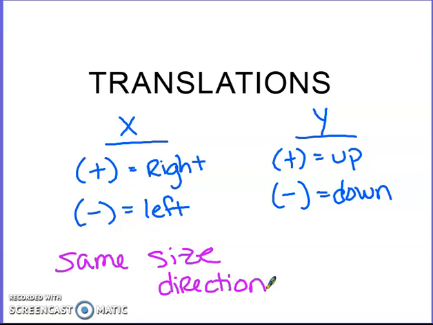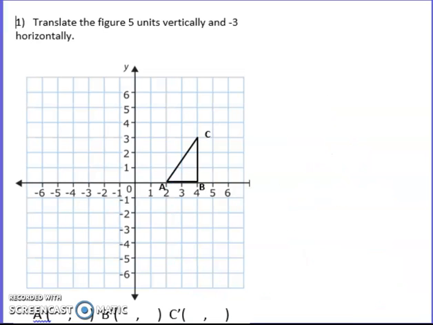So if I have a triangle, and my right angle is in the bottom left corner, even if I move it to the right and move it down, my triangle needs to be the same size, and it needs to have the right angle in the bottom left-hand corner. Now, they're also going to talk vertically and horizontally.